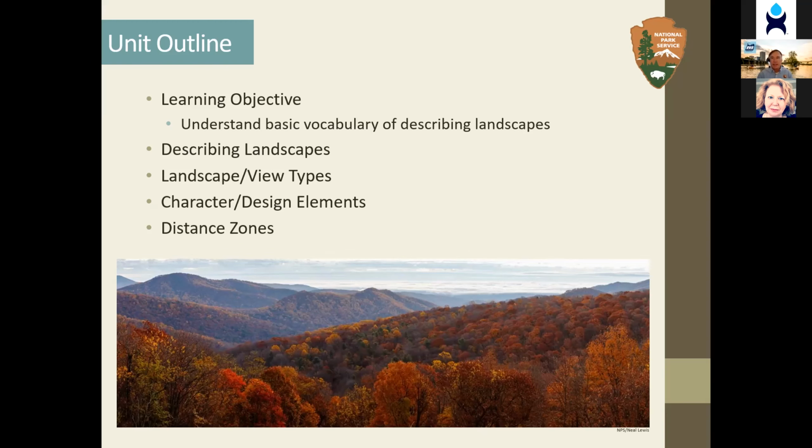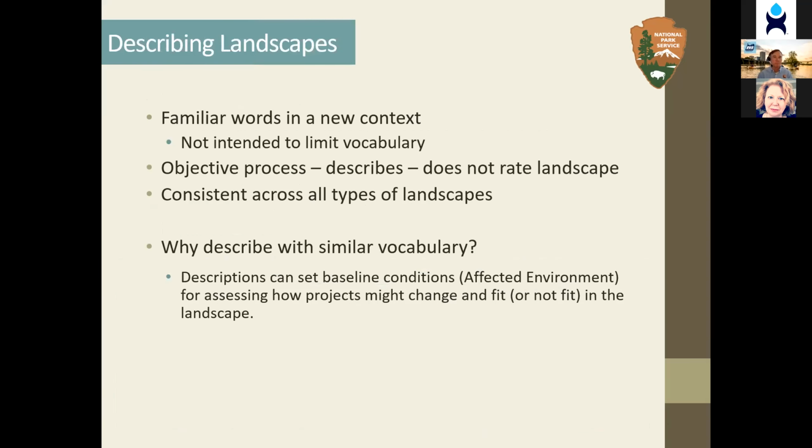I think that's the key takeaway from this track over the next week: we're doing things customized for our individual missions, but there's a basic foundational element that's similar among all the programs and all the things you talk about with scenic landscapes. We talk about character or design elements and distance zones, where you might use those things a little differently, but they have similar effects in the landscape.